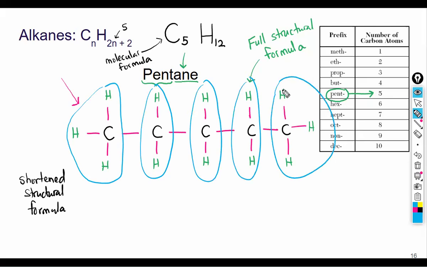You take each section and focus on how many hydrogens it's directly connected to. The first one is connected to 3 hydrogens. The next one is connected to 2. Tell me if this makes sense.